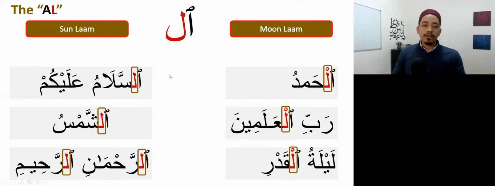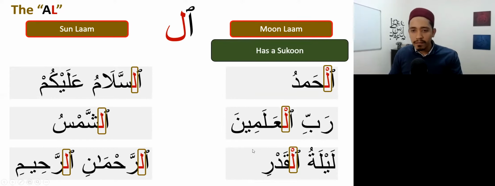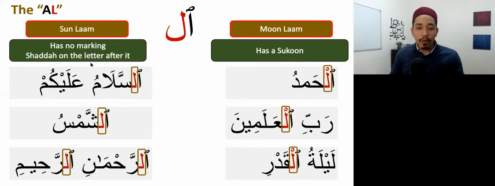Especially when you are reading Arabic, sometimes they don't put the sukoon on the moon lam. So then you become unsure, okay, now what is what? But the shadda will always be there after the sun lam. So that's just a trick of how to identify. So the moon lam always has a sukoon. The sun lam has no markings and there's a shadda on the letter after it.